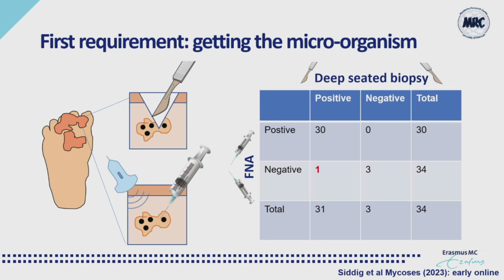So he took 34 patients, 3 which were negative regardless which method he used, and 31 were positive. And as you can see with ultrasound-guided fine needle aspiration, we only missed 1. So this might be a less invasive alternative, but of course it's only 30 patients, so we need to scale up this to see if it will hold.